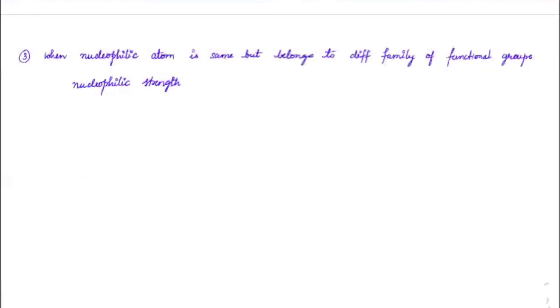The next point we will see is when the nucleophilic atom is the same, but it belongs to different families of functional groups. How do we compare? First, you can see CH3O minus. If you compare that with phenoxide, that is C6H5O minus, this is alkoxide and this is phenoxide.